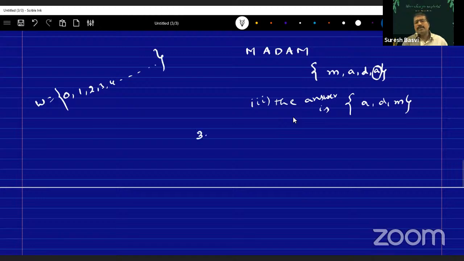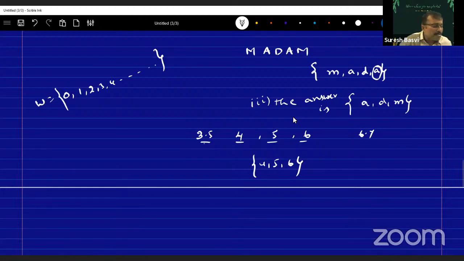So 3.5 and 6.7. In between 3 rupees 50 paise, after 3 rupees 50 paise, there is 4 and there is 5 and there is 6 also. These are nothing but natural numbers or whole numbers or whatever it may be. So here the answer is going to be 4, 5, 6.